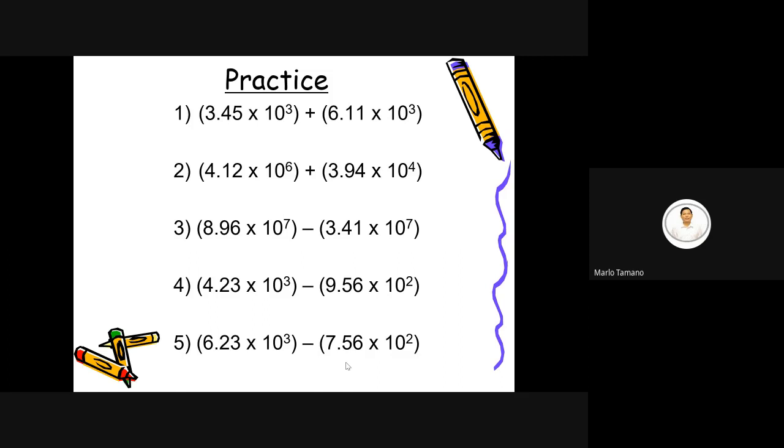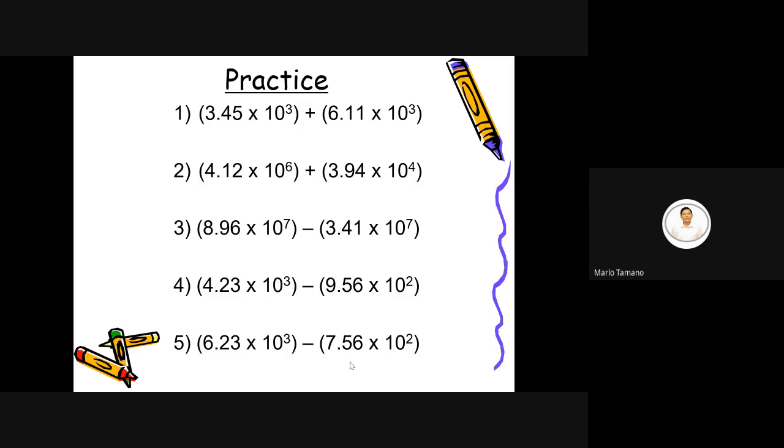So 0 minus 6 cannot, borrow from 3 to make it 10. So 10 minus 6 is 4. Then 2, magiging 2 ito. So 2 minus 5 cannot, borrow from 2 to make it 12. 12 minus 5 is 7. Then we have here 1. 1 minus 7 cannot, borrow from 6 to make it 11.